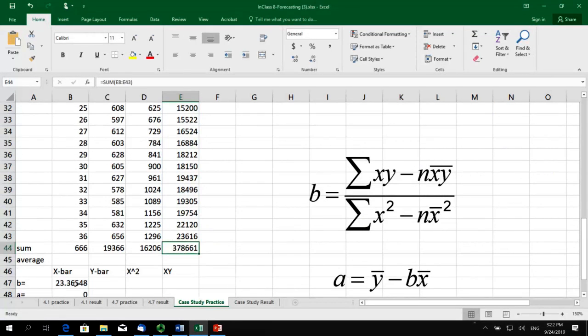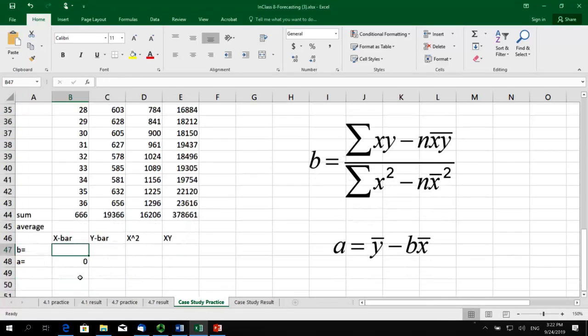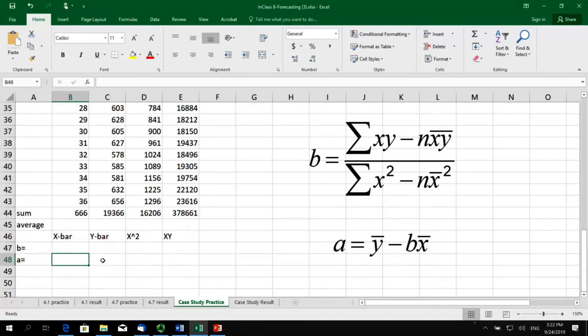This one is sum x squared here. And this yellow filled line is sum xy. And this is sum x, sum y.